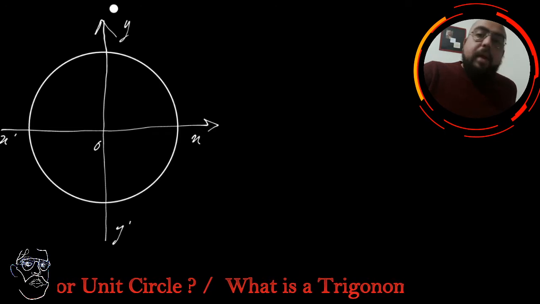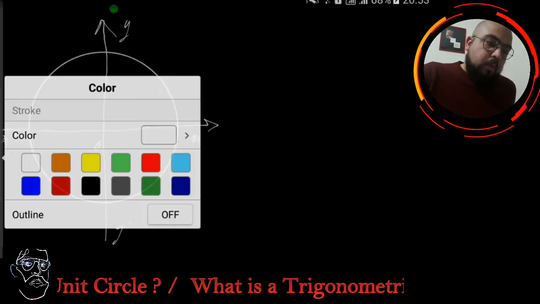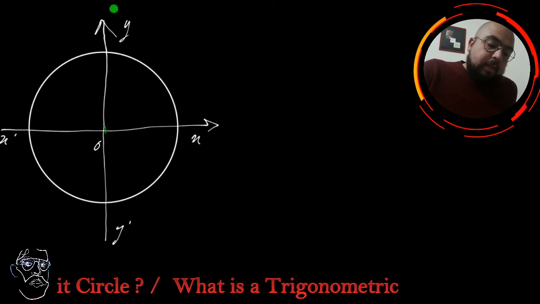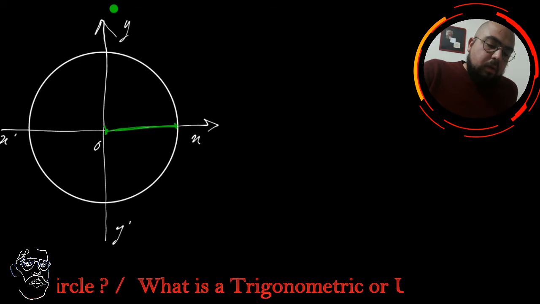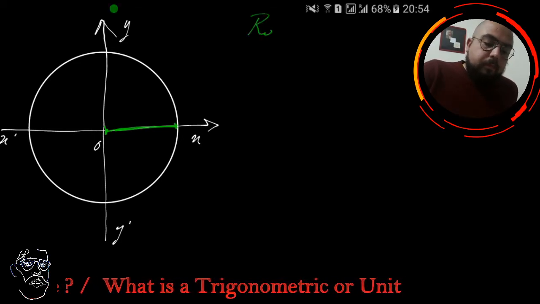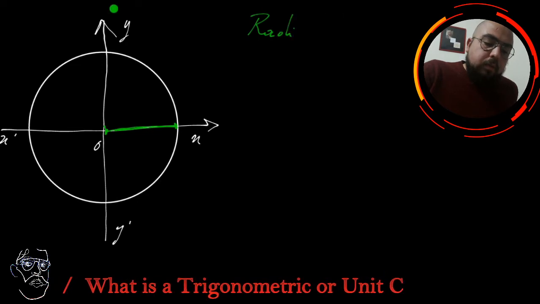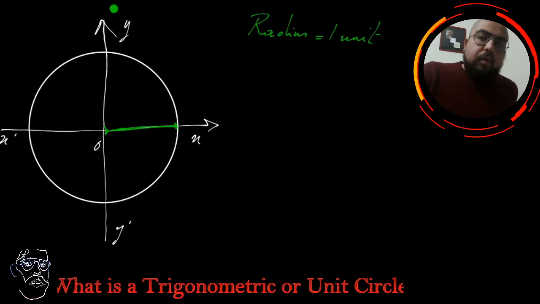It has several characteristics. The first characteristic that you should be talking about is that the radius of this circle is actually 1. The radius is 1 unit. This is the first characteristic.